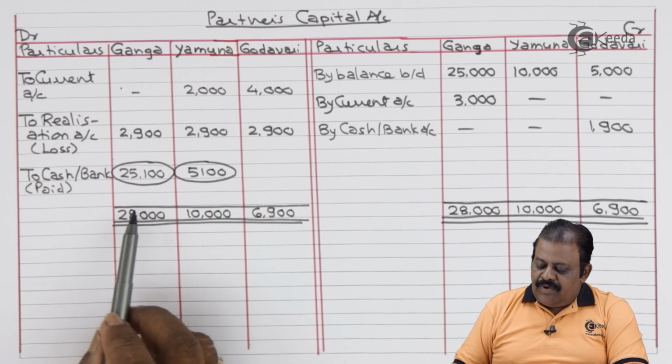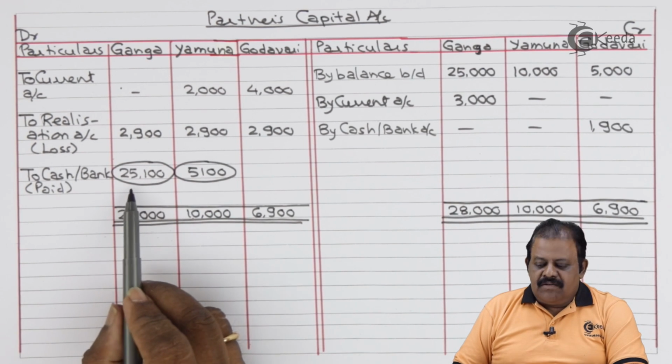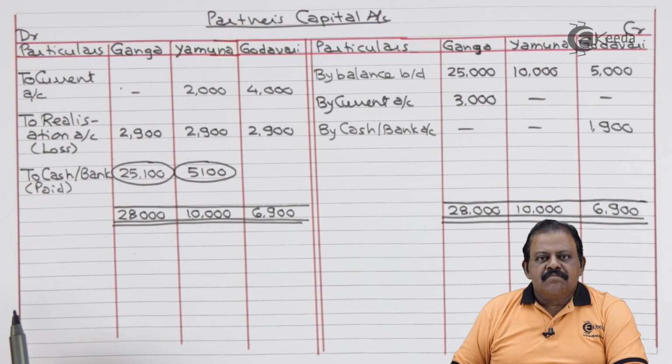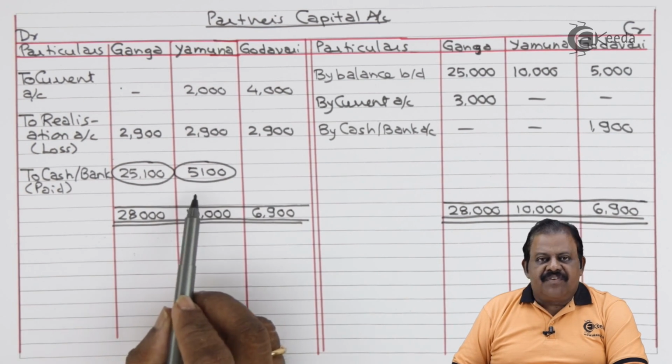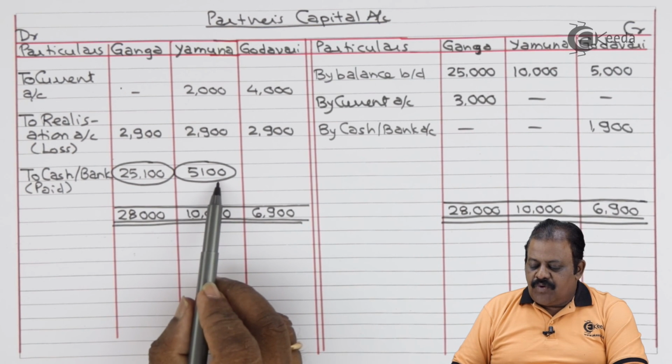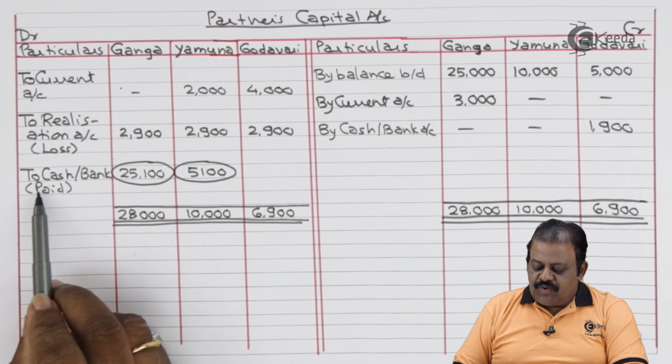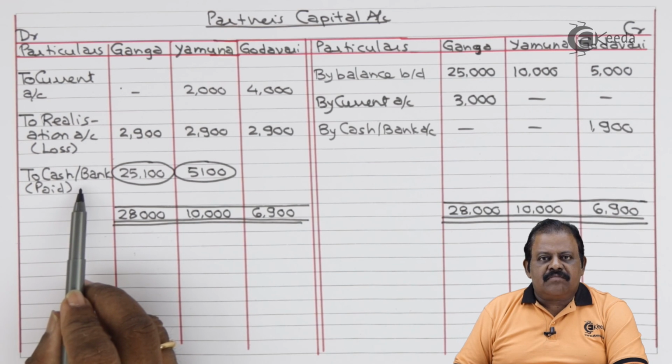Ganga's capital account, we are having balancing figure on debit side 25,100. Yamuna's capital account, we are having balancing figure on debit side 5,100. This will be transferred to cash bank account.